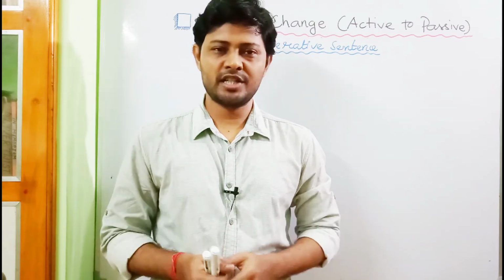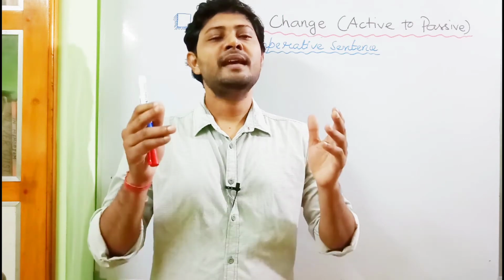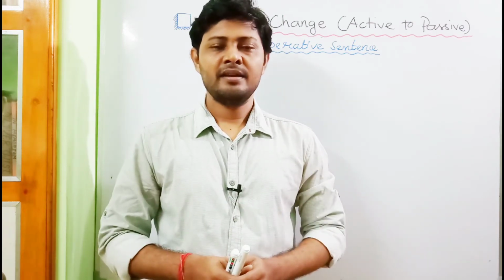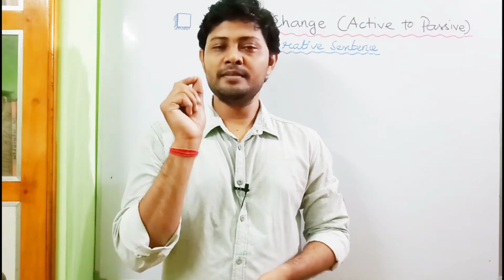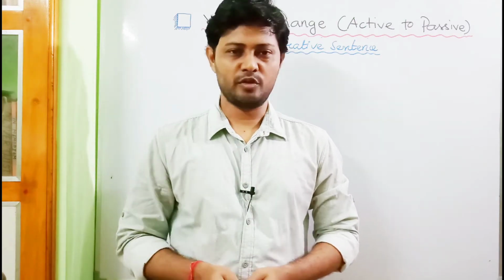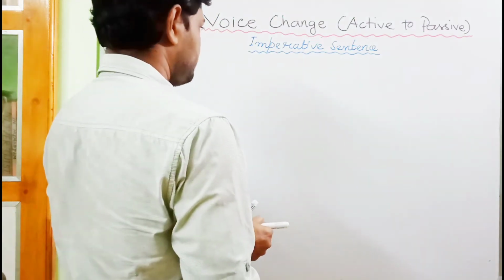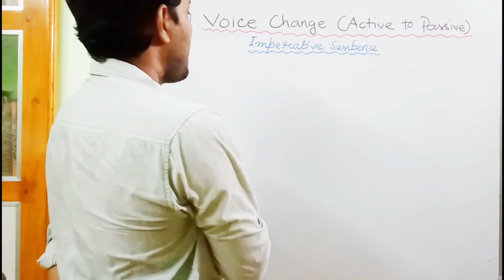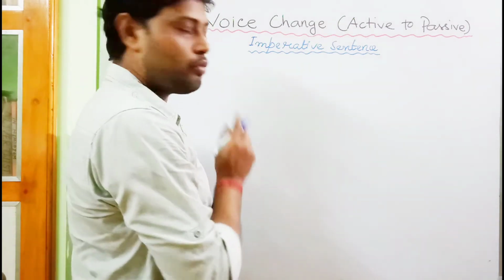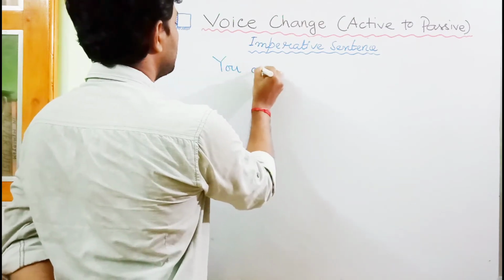It may be a request, it may be an order, it may be an advice. So first we have to understand the command. It is very necessary for the second method. In the second method, we have to begin the sentence with you are.